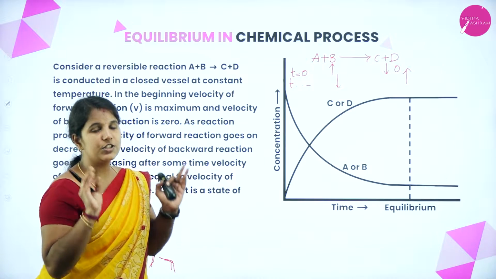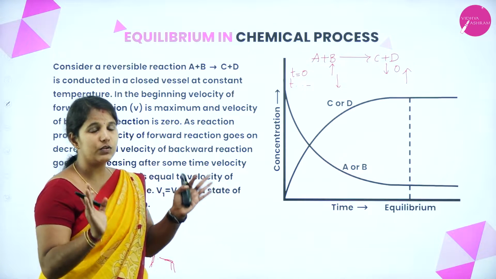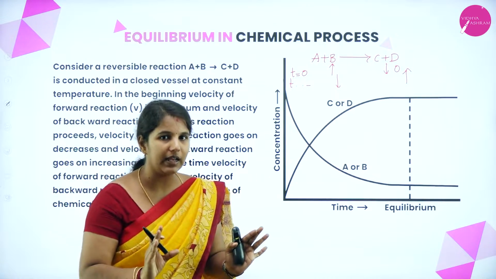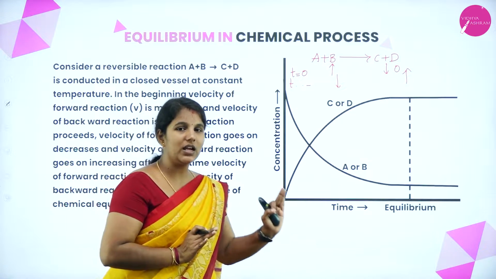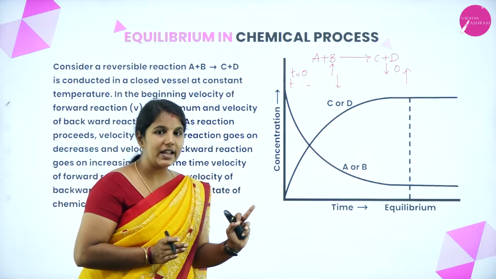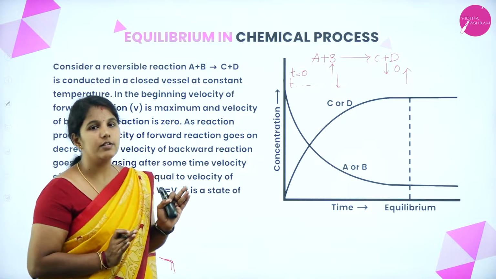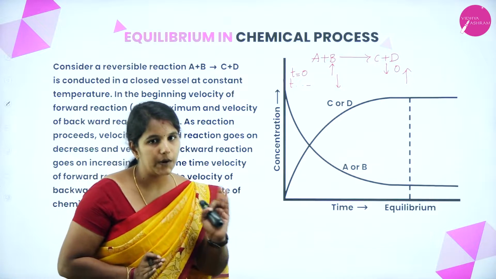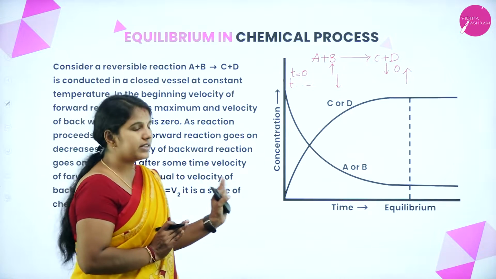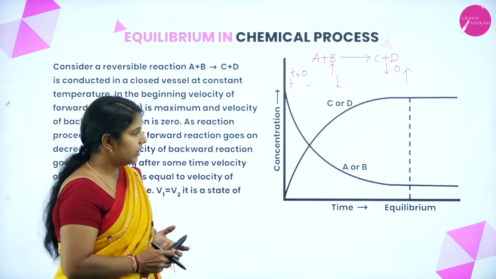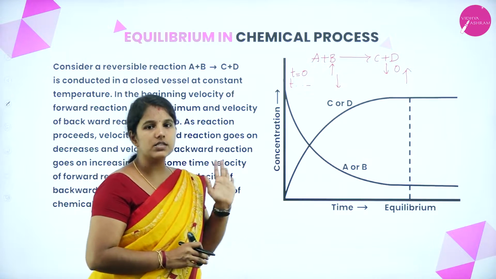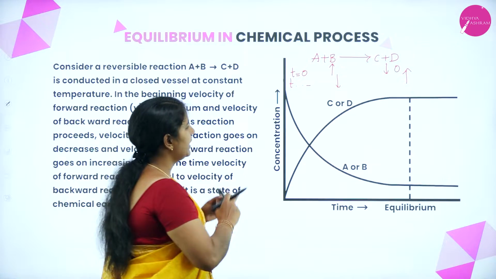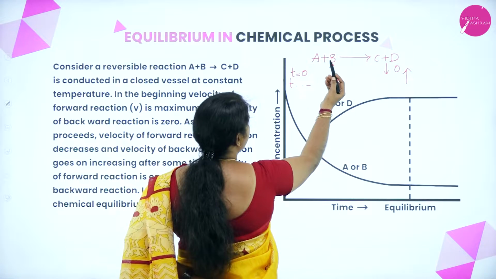We call such two opposing processes happening simultaneously equilibrium. Since we are studying a chemical reaction, we say it is the attainment of equilibrium in a chemical process. You can understand this by looking at this diagram. Here I have a graph of concentration versus time. You can see that I have considered the two reactants A plus B.